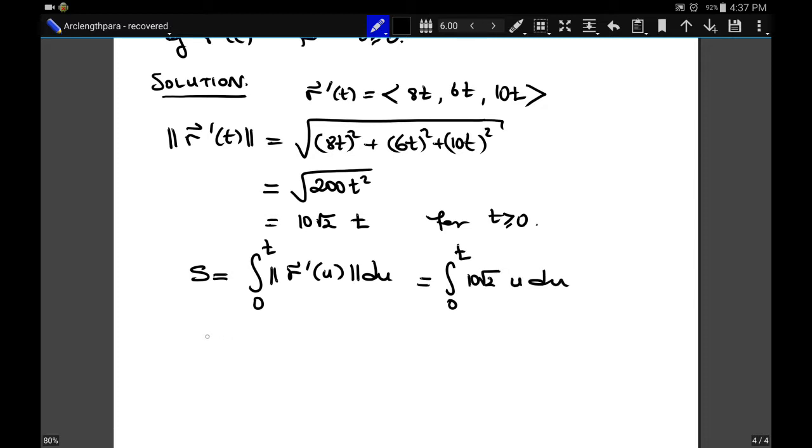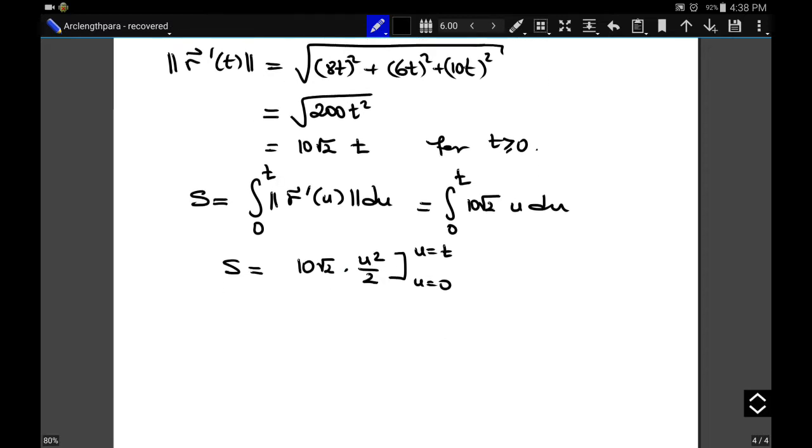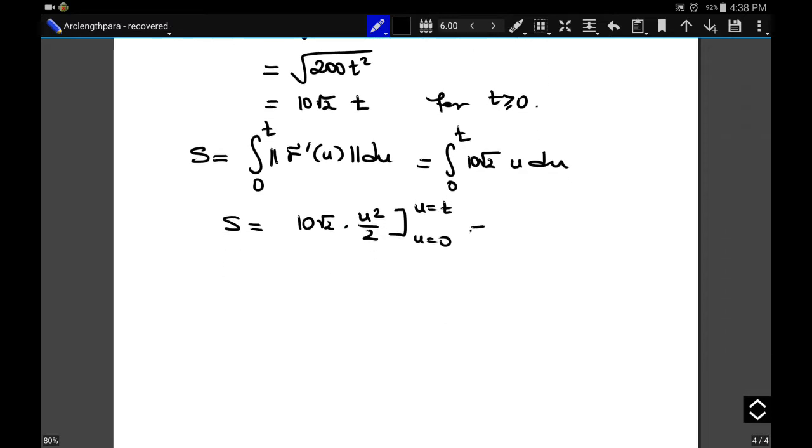So if I integrate this, I will end up with S exactly: 10 square root 2 u squared over 2, where u changes from 0 to t. Then S becomes, if you plug in t, and the 5 and 2 cancel, 5 square root 2 t squared. If you plug in 0, it is 0. So S equals 5 square root 2 t squared.